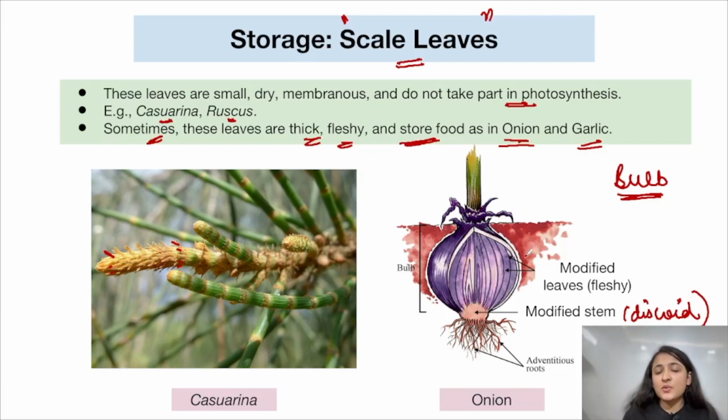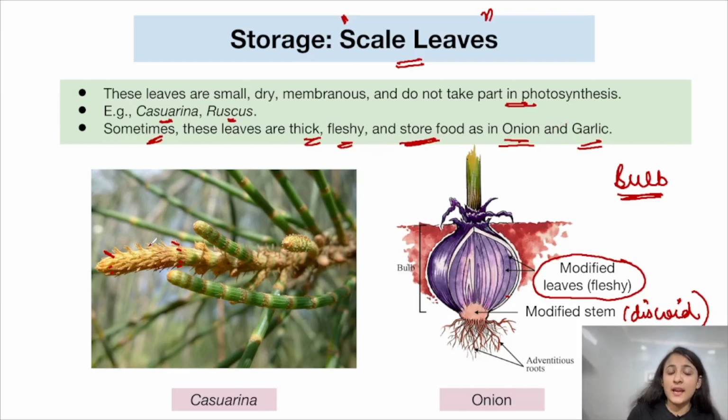Those fleshy leaves which we eat are the modified leaves. Okay, so this is the leaf part of the onion. Here the leaves are modified into fleshy leaves, because these all are scale leaves only, which are thick and fleshy in appearance, and they store food. Okay, so similar kinds of leaves are also seen in garlic, which store food, and which are also thick and fleshy.